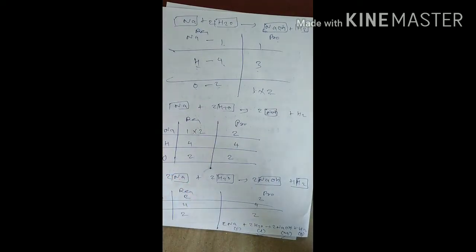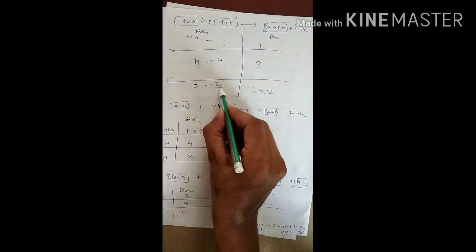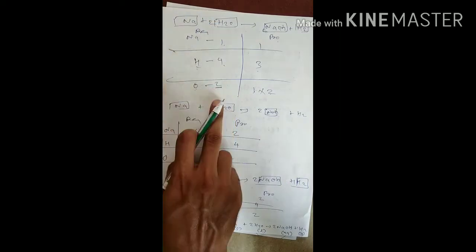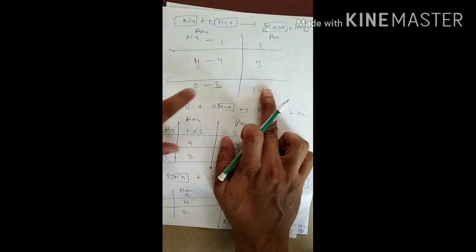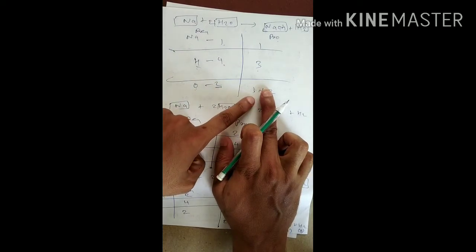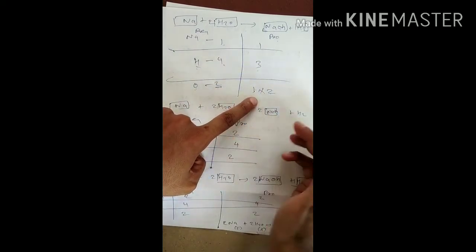Okay, now I want to balance number of oxygen here. Number of oxygen is 2 on reactant side, and product side it is 1 here. Okay, so I have to make 2 here, so I am multiplying it by 2.